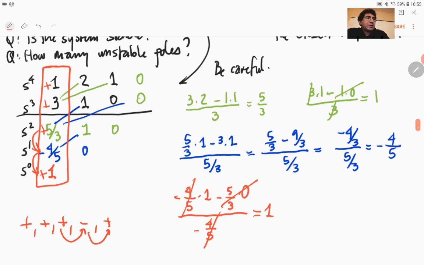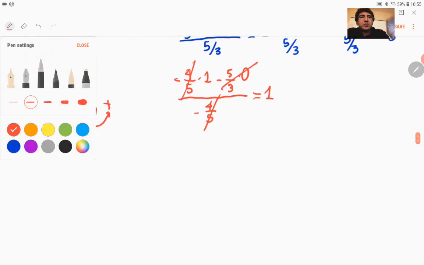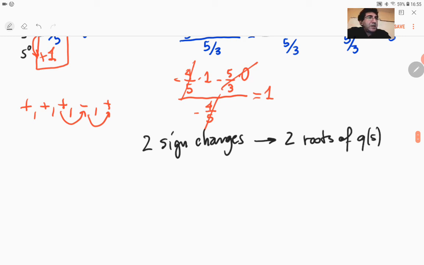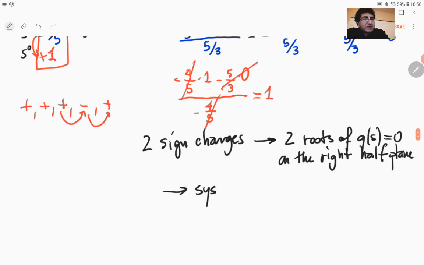So what we conclude using the Routh-Hurwitz method is that we have two sign changes. That means two roots of Q of S equals 0 on the right half plane, and that means the system is unstable.